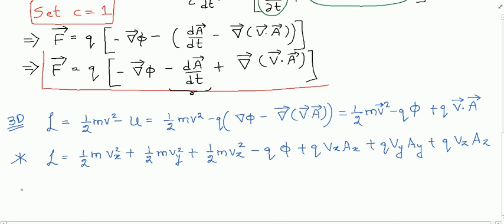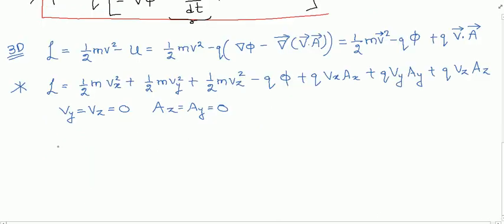For example, just as an example, consider you remove all the other components apart from x. So if you set this as 0, and just for our convenience, you can also set these things to be 0, then what you will get?